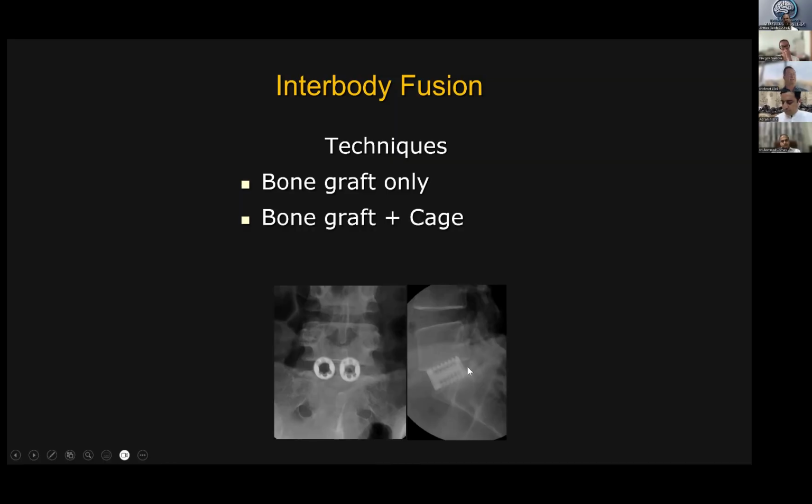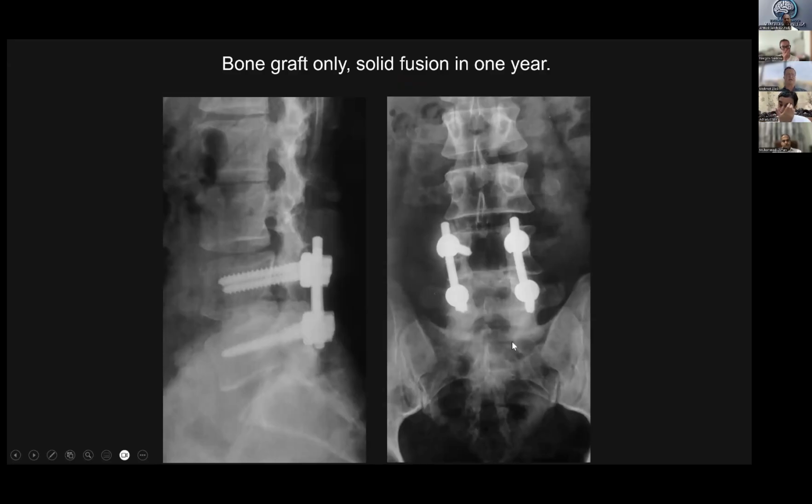Spine surgery has a really big evolution by the time, because of learning from the mistakes and bad results of our surgeries. This is again another case with graft only, one graft only, solid fusion in 1 year.